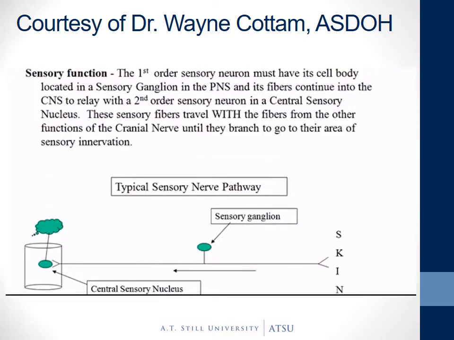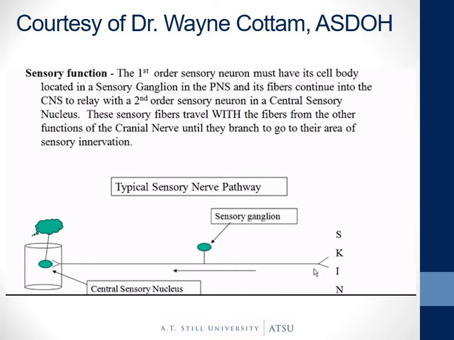This is a review of the sensory function of cranial nerves and demonstrates the elements that must be present in the anatomical pathway when a cranial nerve has a sensory function. If a cranial nerve has a sensory function, its impulses are moving toward the central nervous system, carrying sensory information from the peripheral nervous system to relay in the central nervous system.